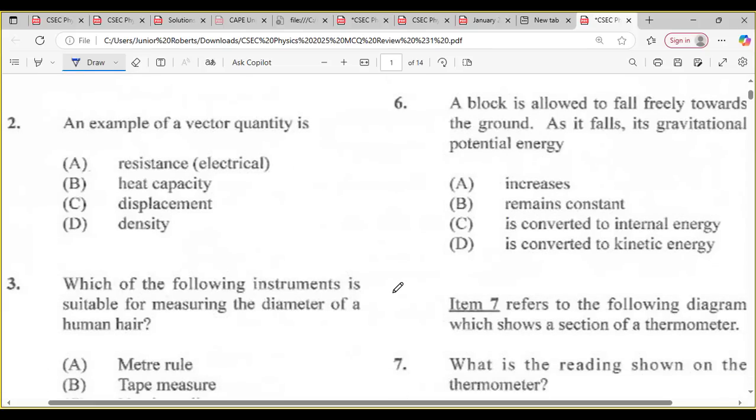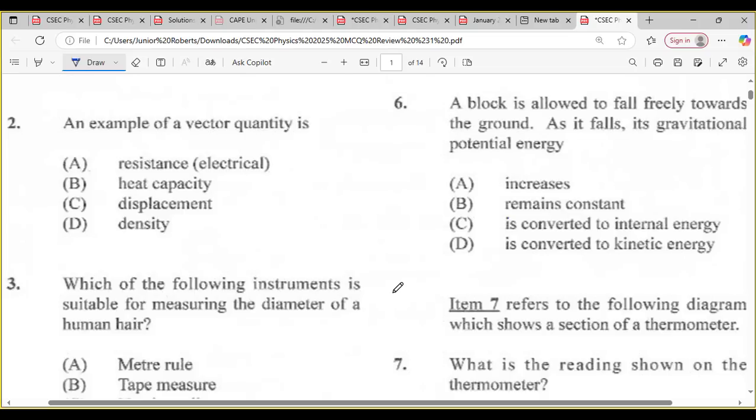Number 2 now says an example of a vector quantity is. So for this question, we have to be familiar with what quantities are considered to be scalar quantities and what quantities are considered to be vector quantities. So a vector quantity will have magnitude as well as direction. So from the list right here, we can identify which of these quantities will have magnitude as well as direction.